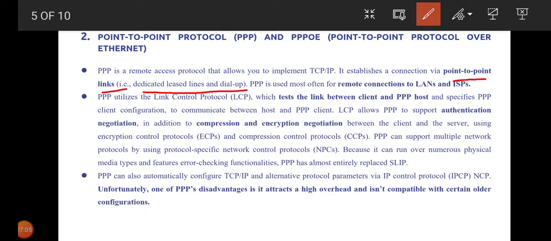Basically, this point-to-point protocol uses link control protocol, and this link control protocol will be testing the link between the client and the point-to-point protocol host.